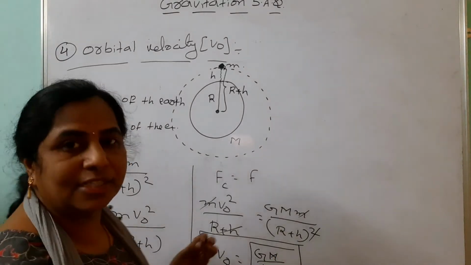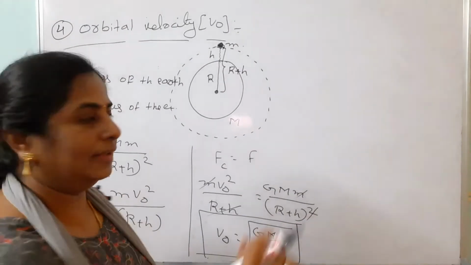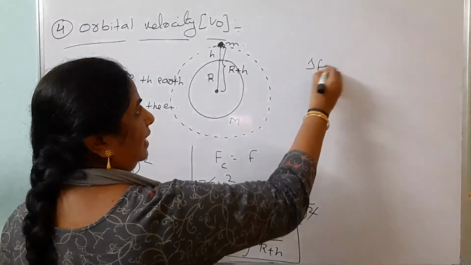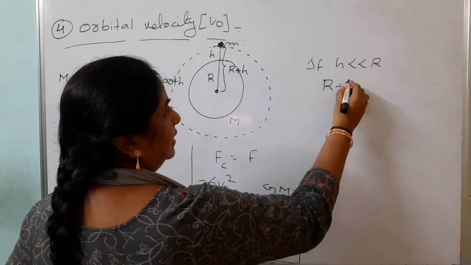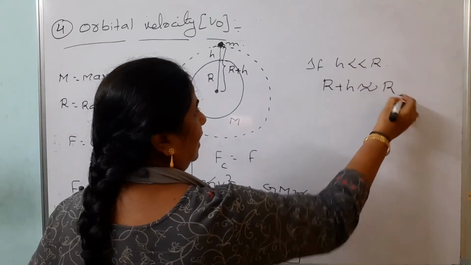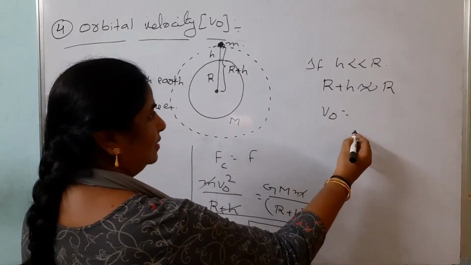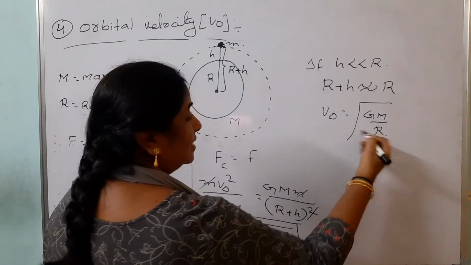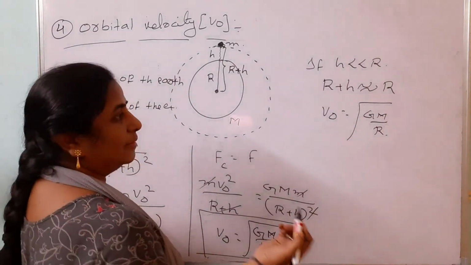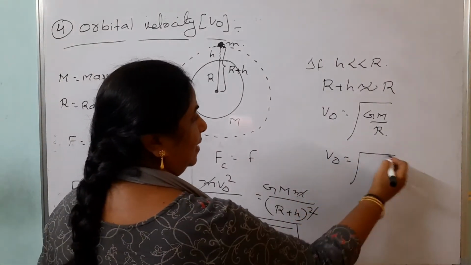If you want to go through the small extension also, you can use that expression. Look, if h is very, very less than r, instead of r plus h, we are taking approximately r only. Then how you are getting this expression? v0 equals under root GM by r. But just now in that second SAQ, the relation between small g and capital G is g equals GM by r square.